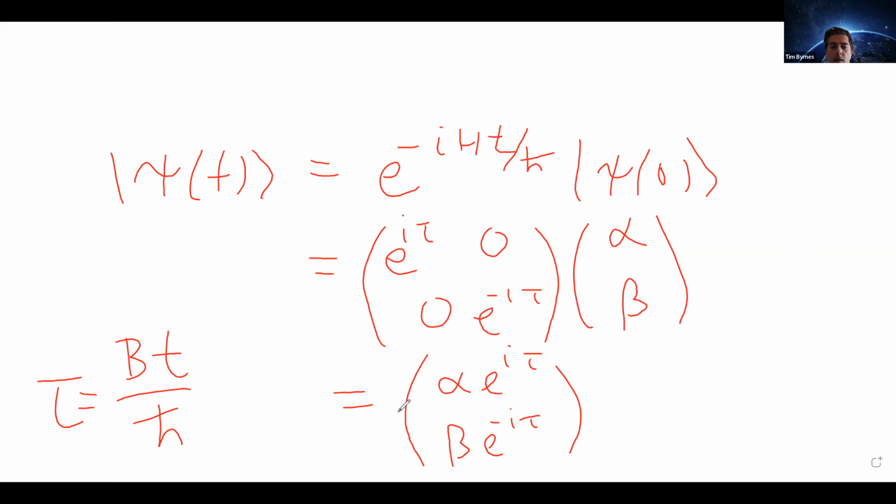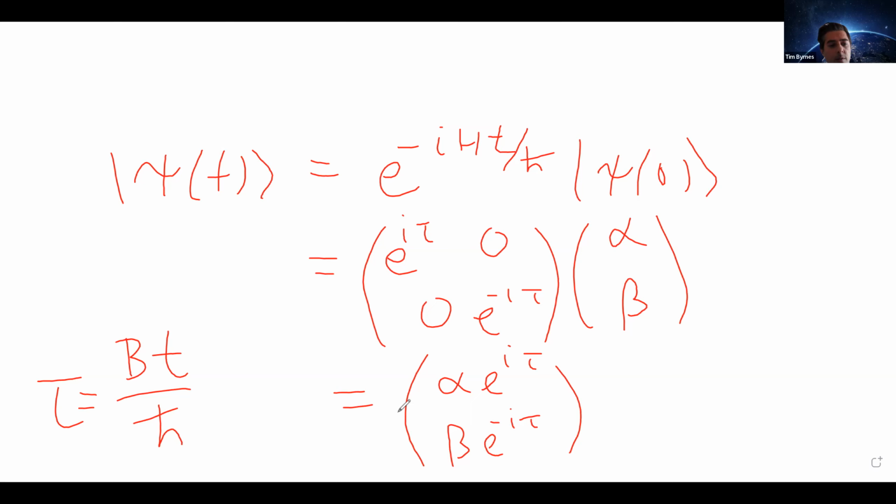Basically what happens here is that if you start with alpha and beta, they just pick up some complex phase, and this will evolve the state in time. And this tau here is related to the real time through coefficients like B and h bar.